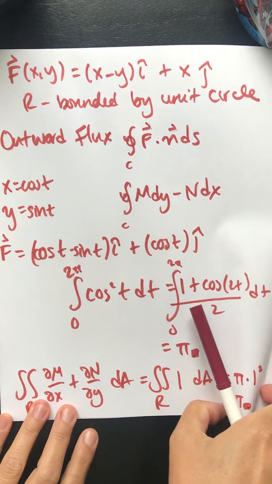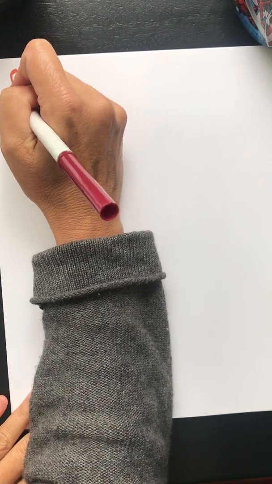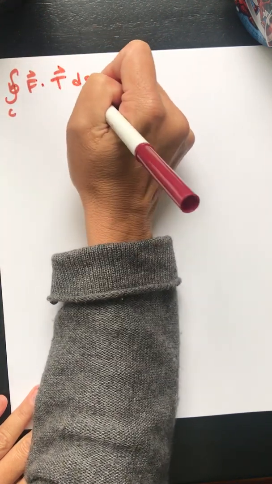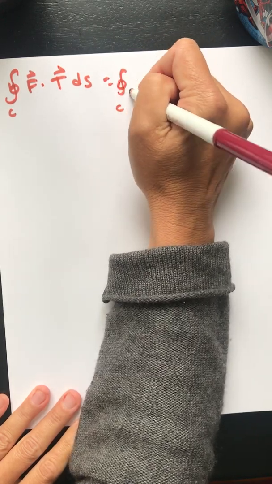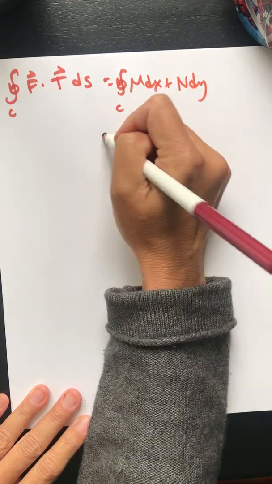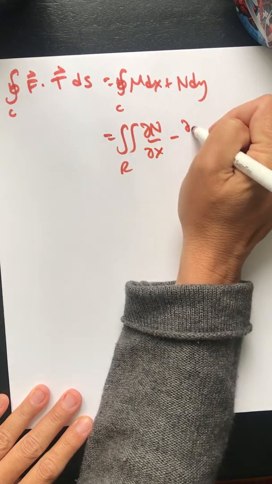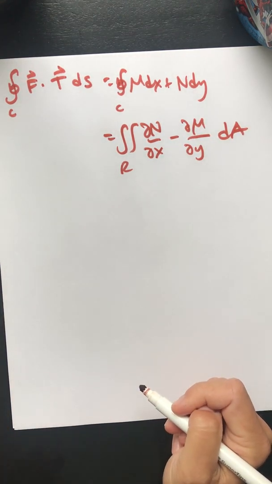If I look at circulation curl, that is around the boundary. So we can take the integral around this curve of f dot t ds, which is the circulation of m dx plus n dy, which is just the double integral of dn dx minus dm dy dA.